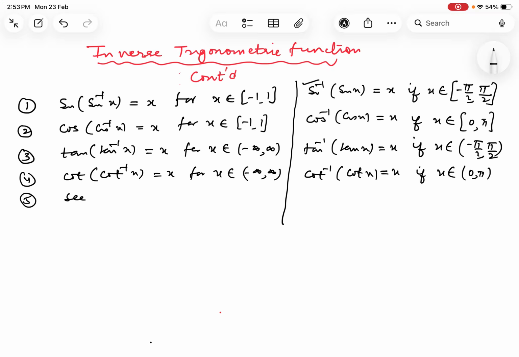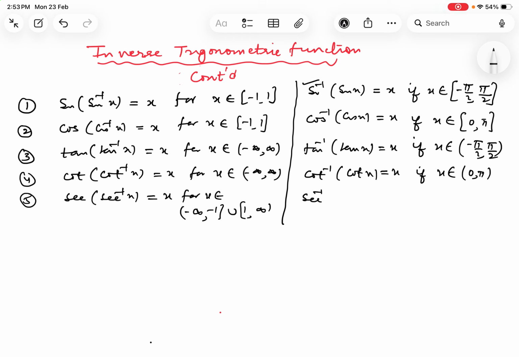Fifth result, secant of secant inverse x is equal to x for x belonging to minus infinity to minus 1 union 1 to infinity.